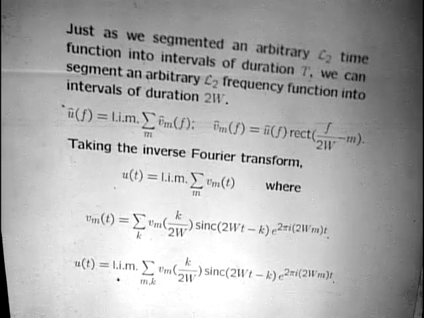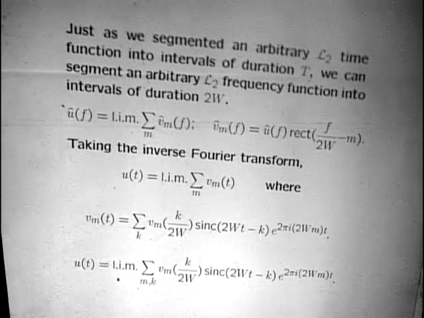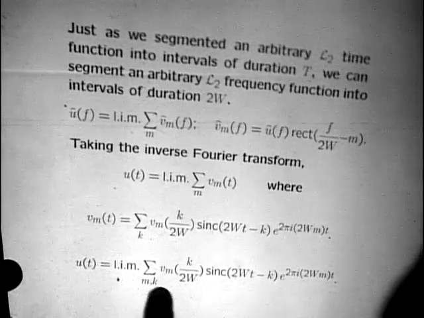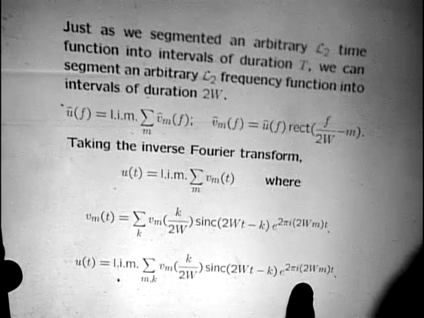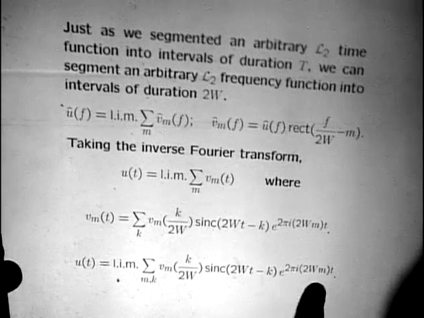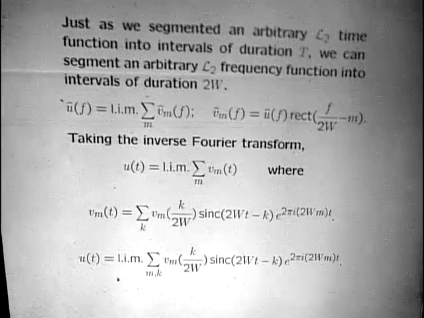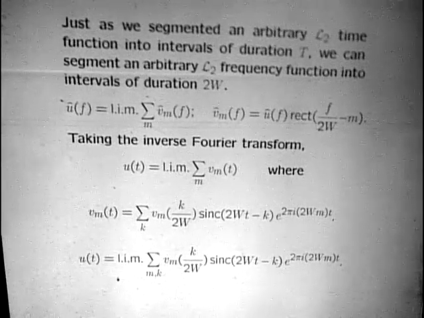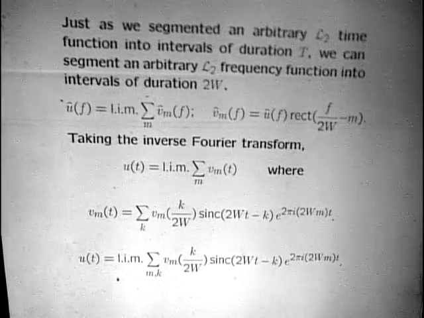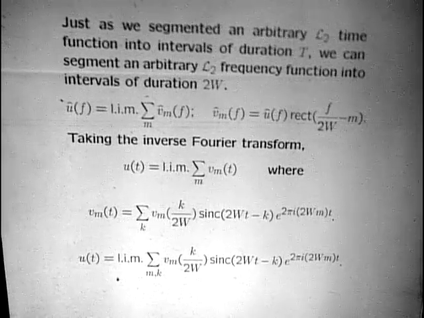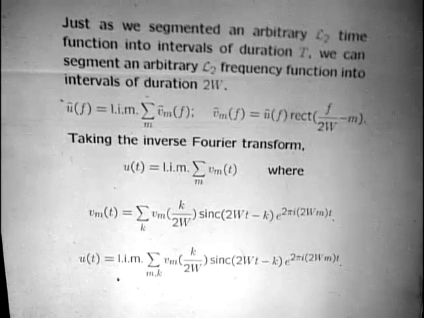I've expressed what's in each frequency range in terms of a sampling theorem. The sampling theorem terms are these, with these rotating terms in them, corresponding to the mth frequency range. And this is completely analogous then to the truncated sinc function expansion we had before.